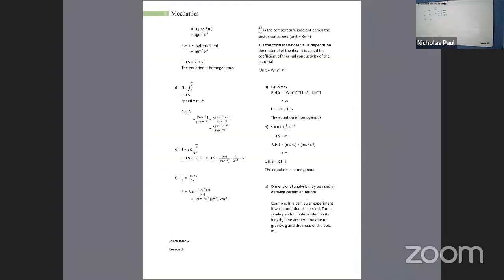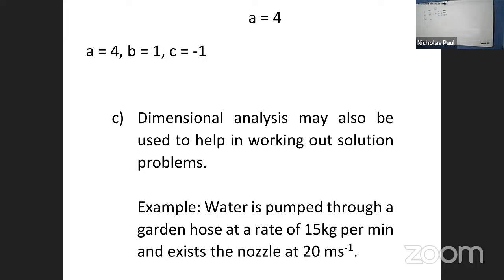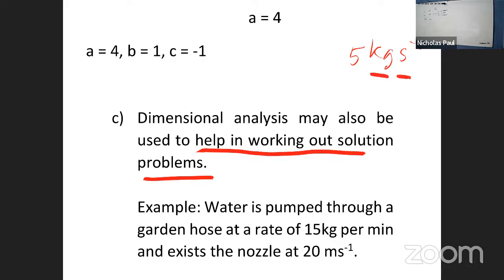And the last application of dimension analysis, it may be used to help work out a problem, right? So for example, let's say in a question, you got 5 kilograms per second, right? By knowing SI units, what does this tell you? This tells you that you're using 5 kilograms every second, correct?